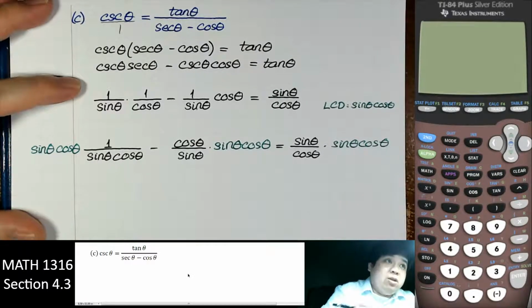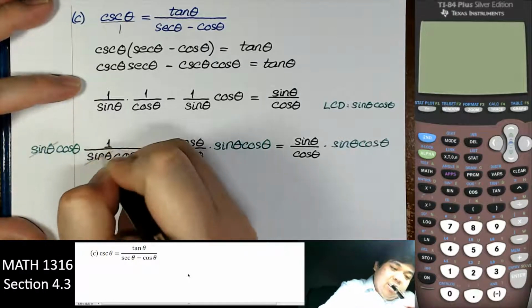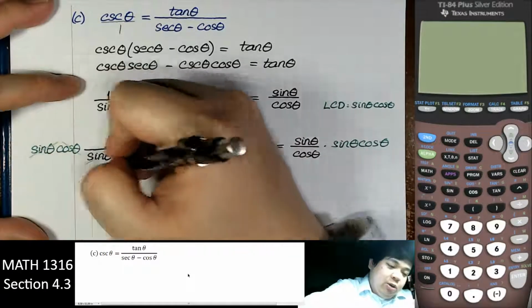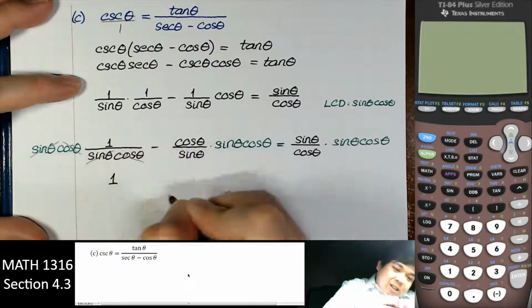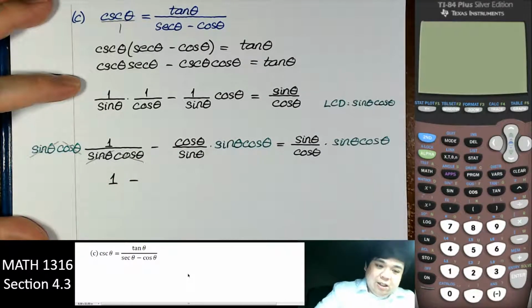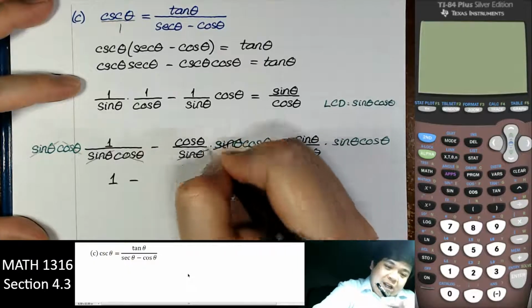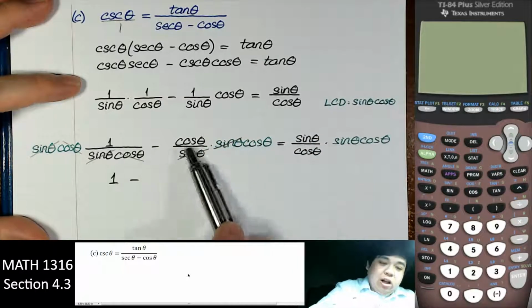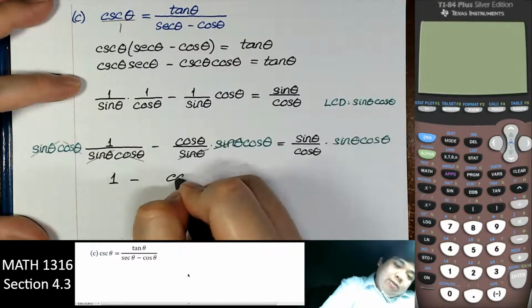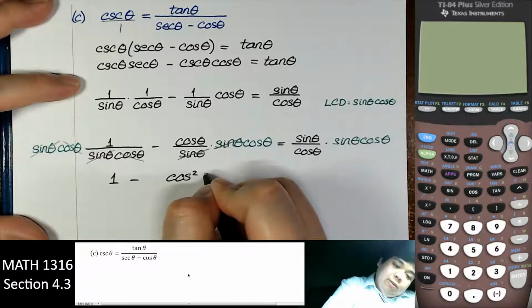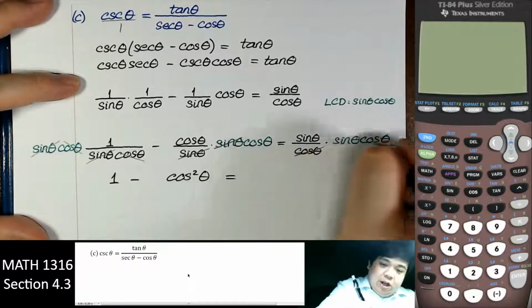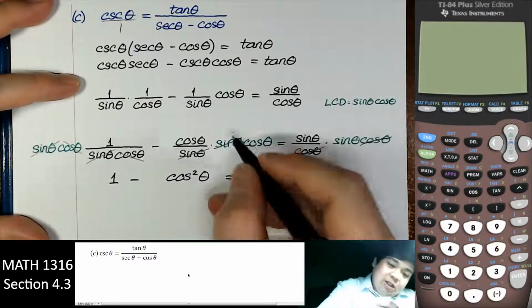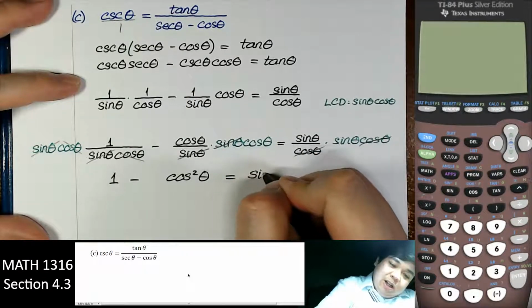Now try to cancel. Sine and sine cancel out, cosine cancels out. We have 1. Sine and sine cancel out. Cosine times cosine is cosine square. And cosine cancels out. Sine times sine square.